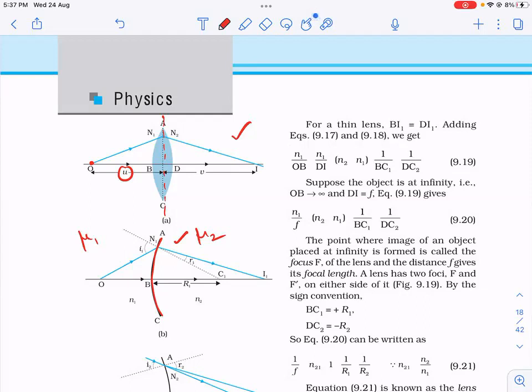The C shape: on the left of C, you place an object, in a medium whose refractive index I'm calling mu1. I don't know where the image is formed, whether on the same side or on the other side. But I'm clear that the boundary is separating mu1 on the left hand side and mu2 on the right hand side. What is mu2? The refractive index of the material with which the lens is made.